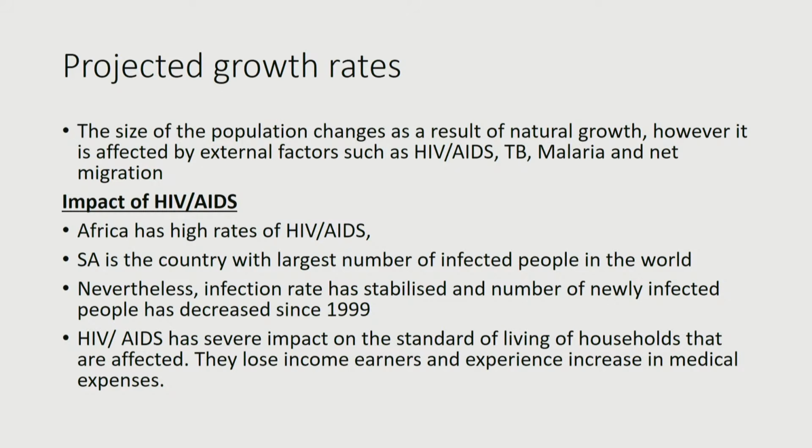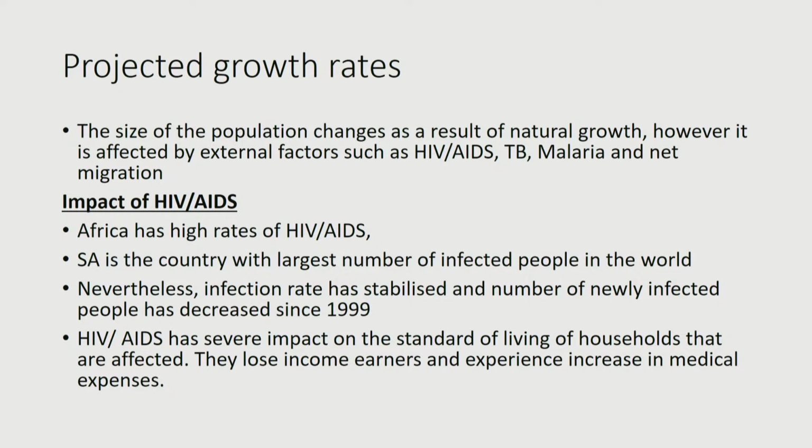Such illnesses would be your HIV/AIDS, your TB, malaria, and also net migration. And I think nowadays we can also include COVID-19 because it has had a huge impact even on the population of different countries. Now, let us look at what impact HIV and AIDS have on population growth.